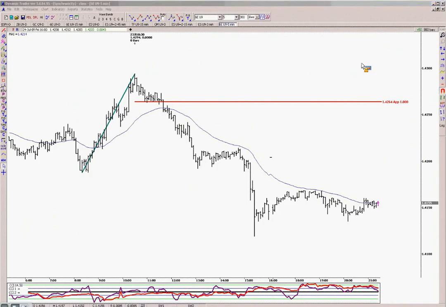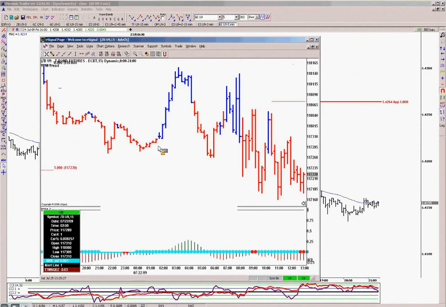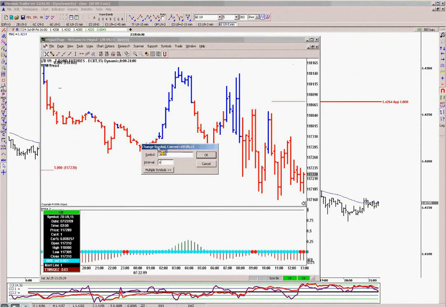Now, there is a trigger that would have shown up much quicker on a tick chart. So let me see if I can call that up. Maybe a 233 tick. Let's see how that works. 6E, U9.